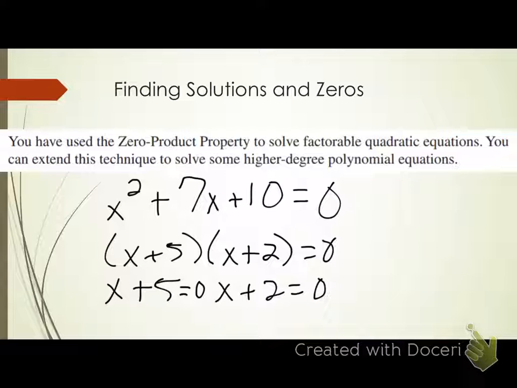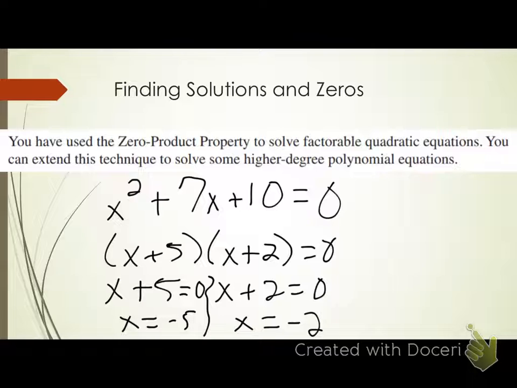Does everyone kind of vaguely remember that? So here x would equal negative 5, x would equal negative 2. Everyone good with that? Does that concept make sense, that zero product property? If two things are being multiplied together and they equal 0, one of them must be 0. Good?